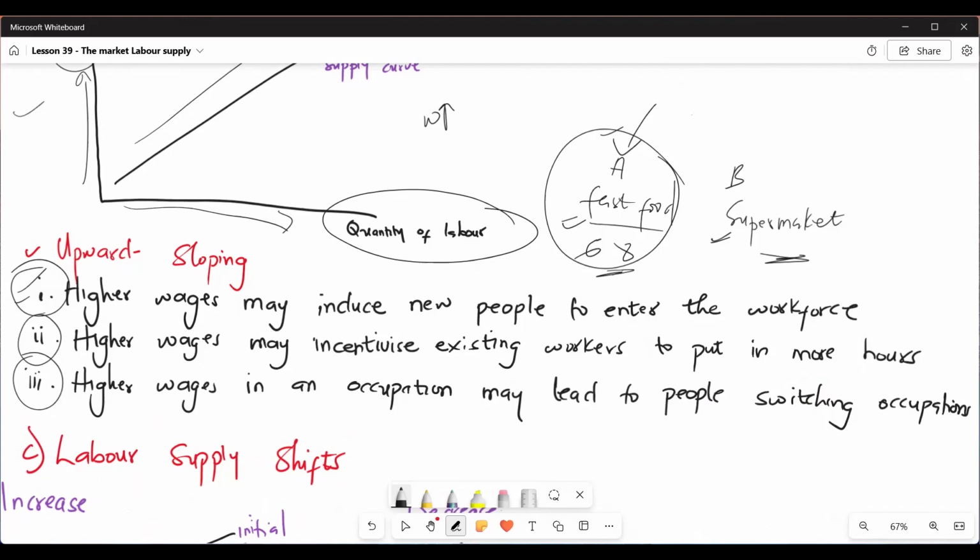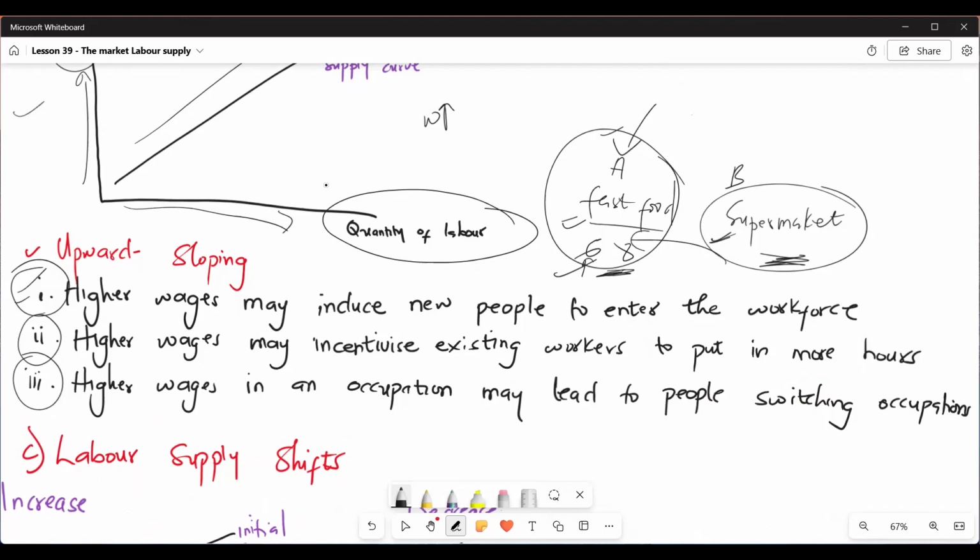This is where our two industry example comes in. There may be people working in the fast food industry or the supermarket industry. If wages increase in the fast food industry, people who were originally working in a supermarket may now switch to the fast food industry.